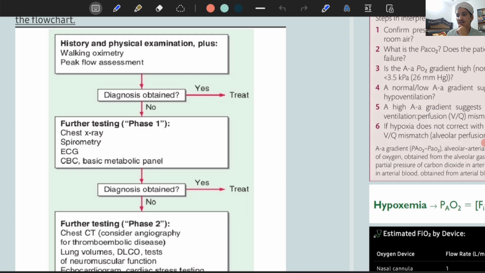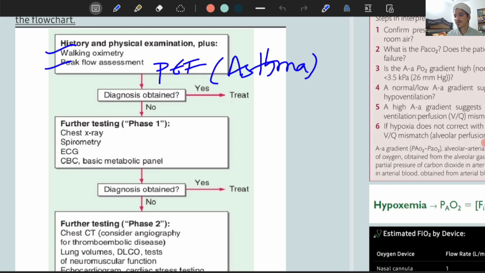And PEF, peak expiratory flow meter. In asthma you will use this to gauge the severity of asthma. So by this you will know whether the patient is having chronic respiratory failure or not.